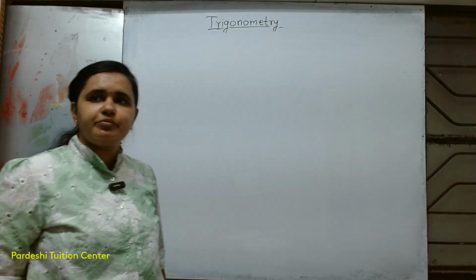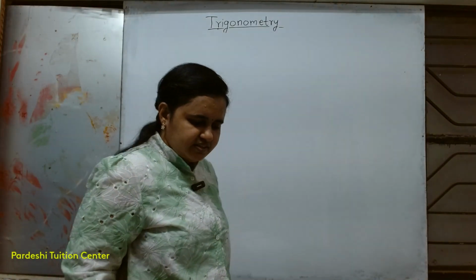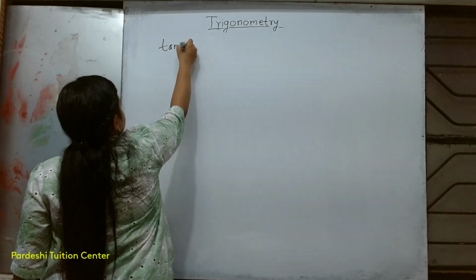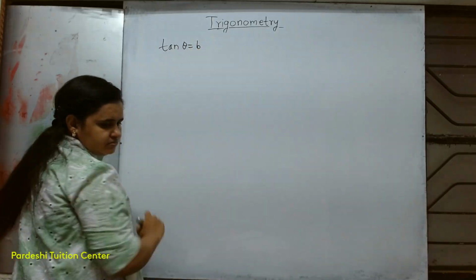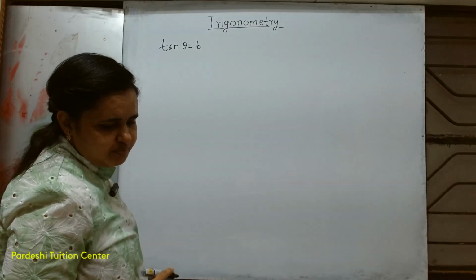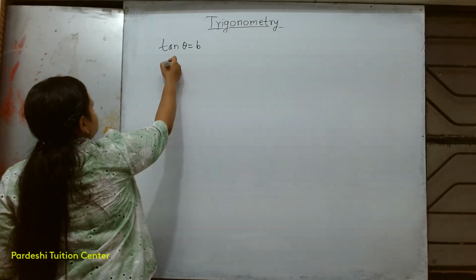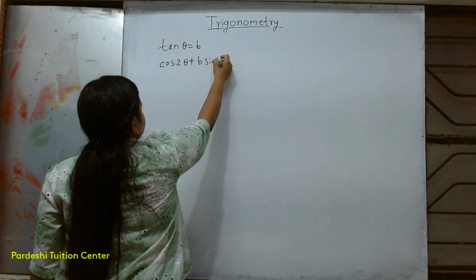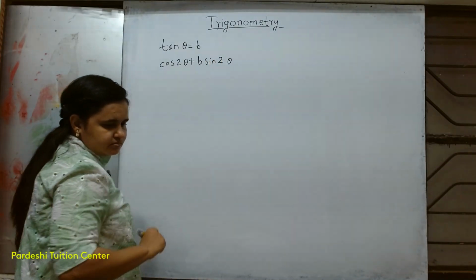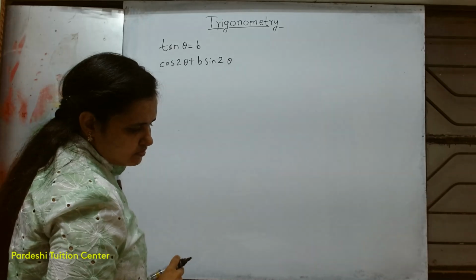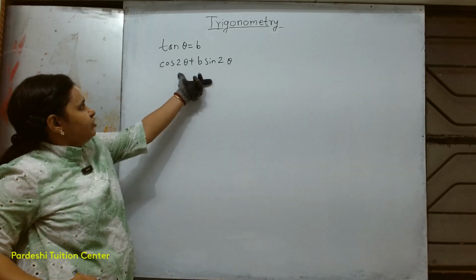Now integer type question. Tan theta is given as b, and we have to find cos 2 theta plus b sin 2 theta. Now we have to calculate this.